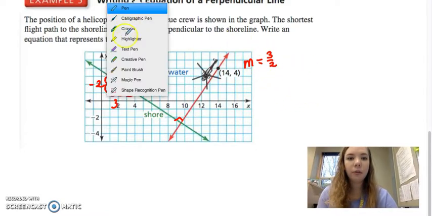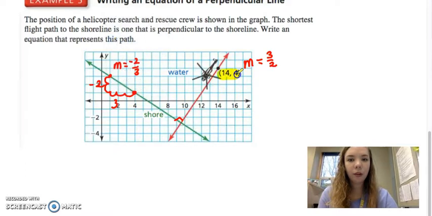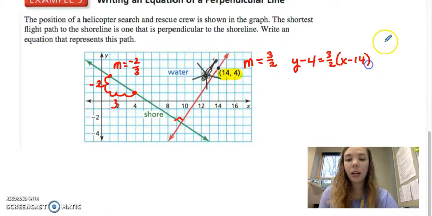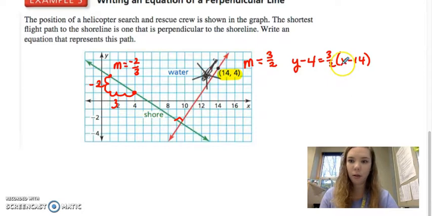Then I'm going to use my point, and then I'm going to use method 2 again like I did above. So I'm going to do y minus 4 equals 3/2 times x minus 14. And again, they didn't specify a form, so I could leave it like this because they didn't say it has to be slope-intercept. But just for practice's sake, I'm going to go ahead and change it to slope-intercept.